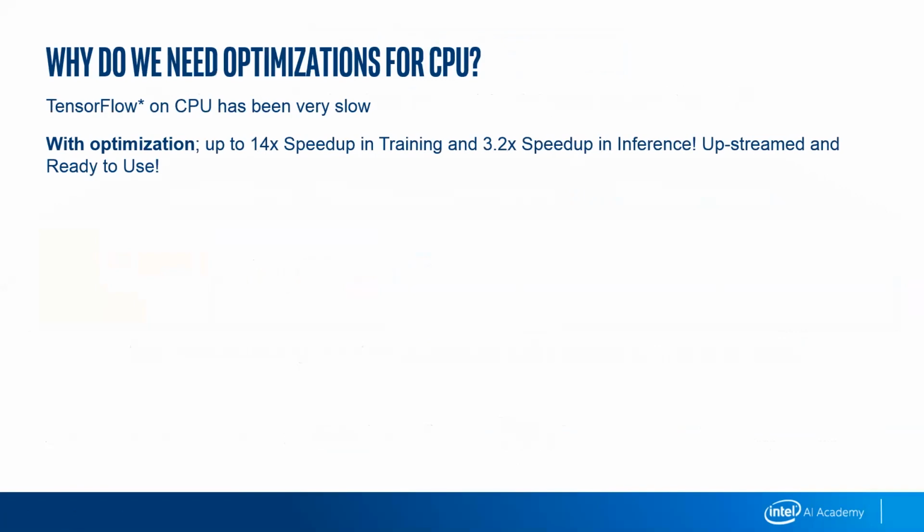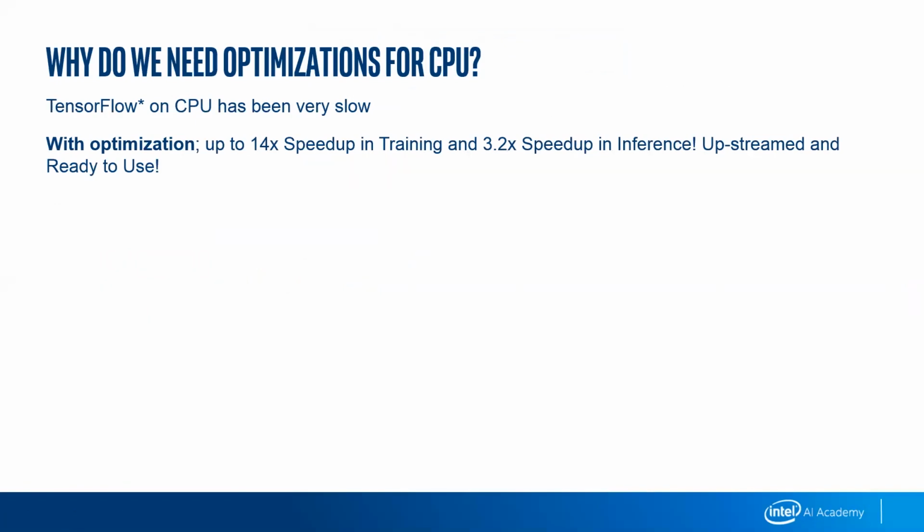The reason why we needed TensorFlow optimizations on the CPU is that, by default, the computational operations on the CPU were quite slow, and most of our effort has been to ensure that the underlying computational operations are written in a fashion that leverages the underlying architecture in a more suitable way.